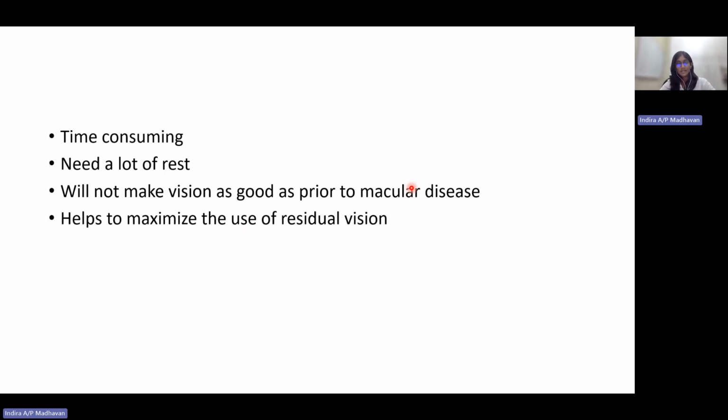This is what we want: to maximize the use of residual vision, not to make the vision good with good clarity, but at least to get some information about the object that they're looking at.